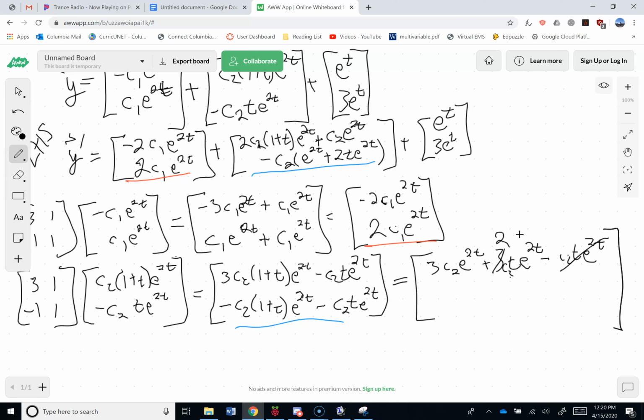And then on this bottom thing I have minus c2 e to the 2t minus 2c2t e to the 2t. And yep, that's what I have on the bottom in the middle term as well. So check. Blue is blue. Check.